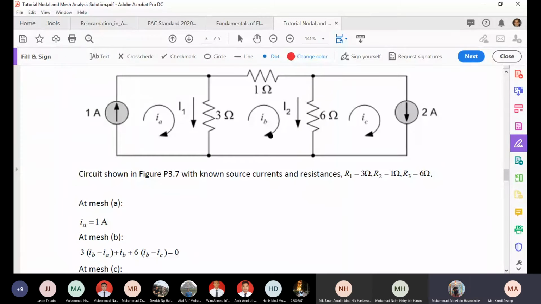At mesh 2, you have 3 times IB minus IA, plus IB times 1 ohm, plus 6 times IB minus IC, equal to 0. That is the second mesh. For the third mesh, IC is equal to 2 amps.